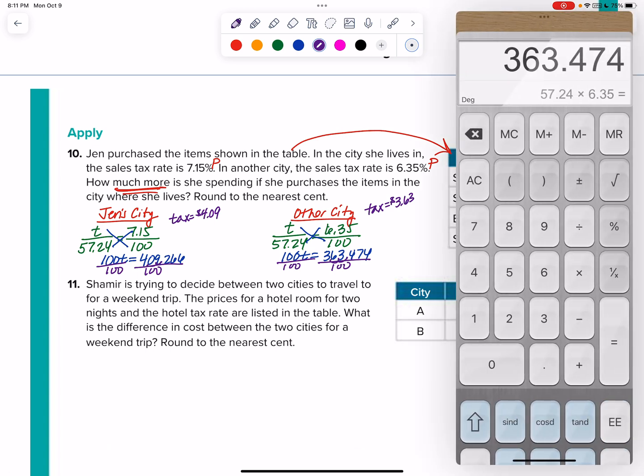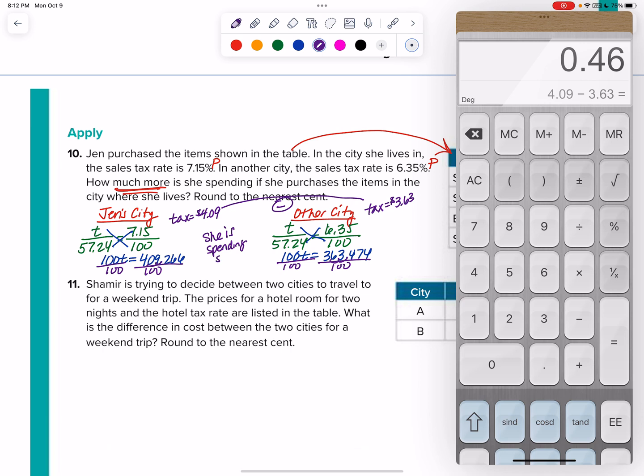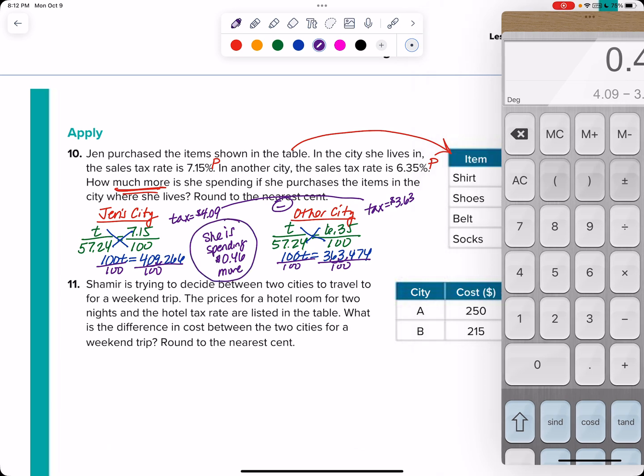If we do that subtraction, 4.09 minus 3.63, she is spending $0.46 more. And there you go, 46 cents more.